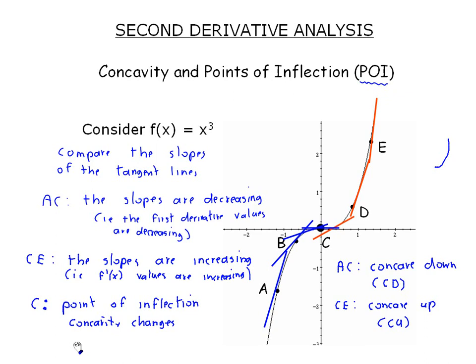And when we have the first derivative, and then take the derivative of that, that's the second derivative, it will be measuring the rate that the first derivative is changing. So if the first derivative is increasing, such as it is in CE, it produces a graph that's getting steeper, or a tangent line's getting steeper all the time, which forms the classic concave up shape. And then the reverse would be true if it's decreasing.